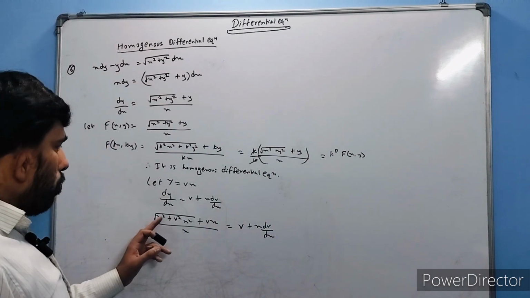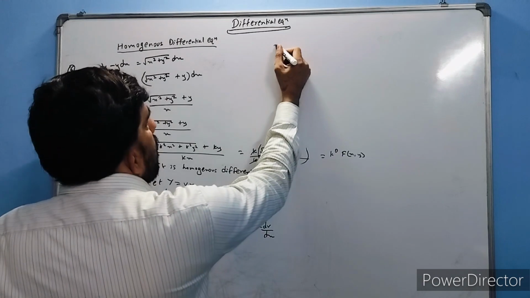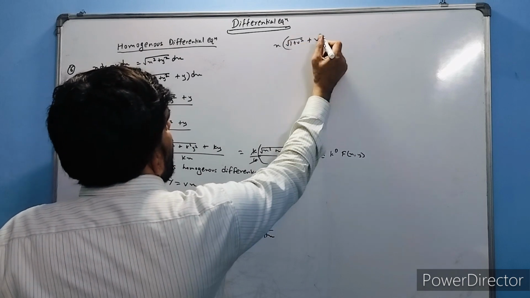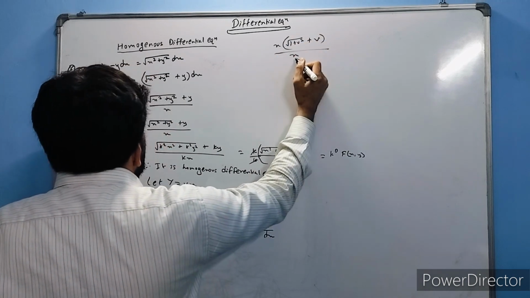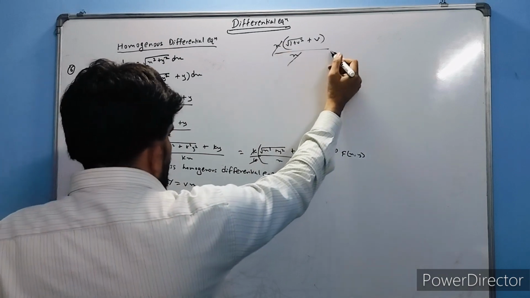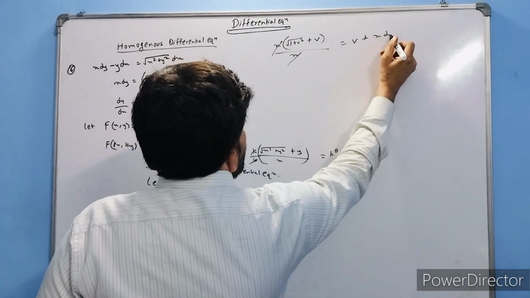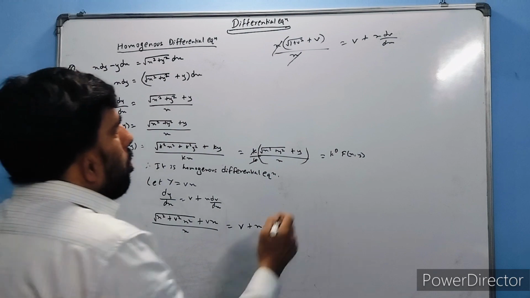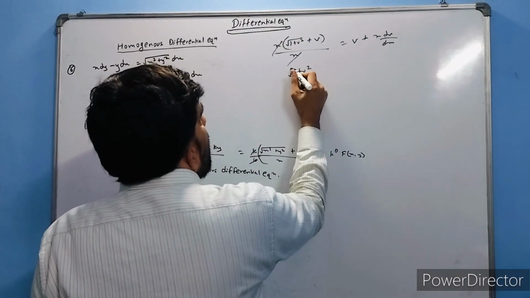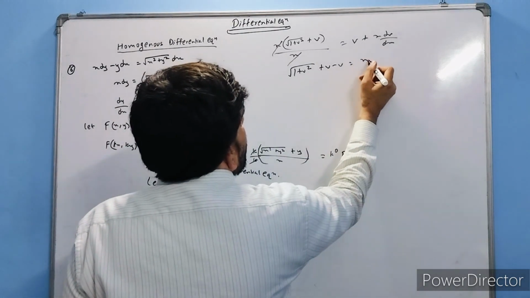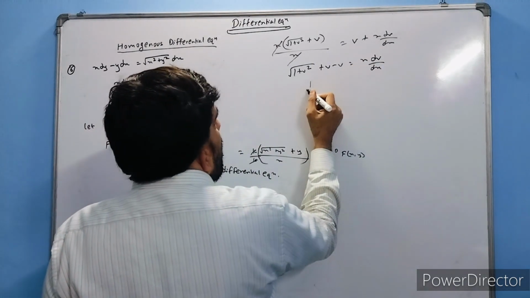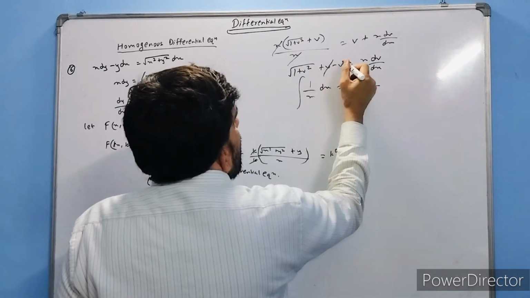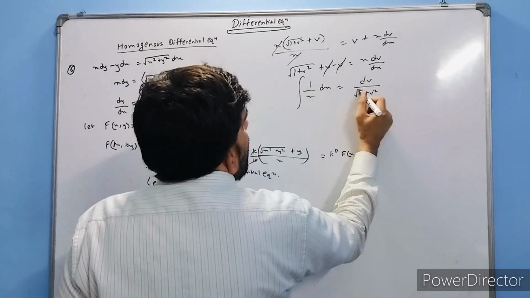Taking x square common, under the root it will become x common, so we have x times square root of 1 plus v square plus v, upon x. We have x now, so now reduced, we have v plus x dv upon dx. Okay, so that is how we are able to solve this, and I got this plus v minus v is equal to x dv upon dx. So we have 1 upon x dx is equal to dv upon square root of 1 plus v square.